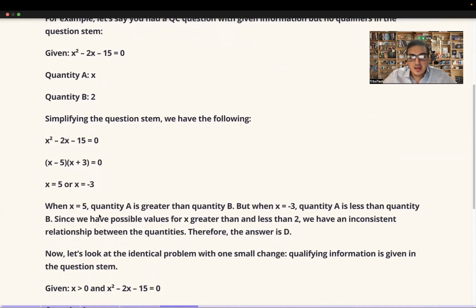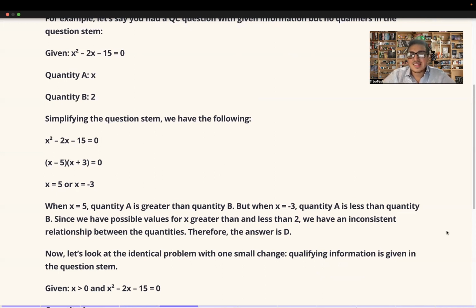When x equals 5, quantity A is greater than quantity B, but when x equals negative 3, quantity A is less than quantity B. Since we have possible values for x greater than and less than 2, we have inconsistent relationships between the quantities. Therefore, the answer is D.